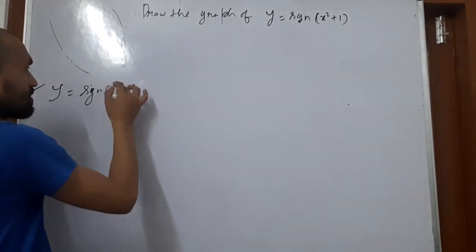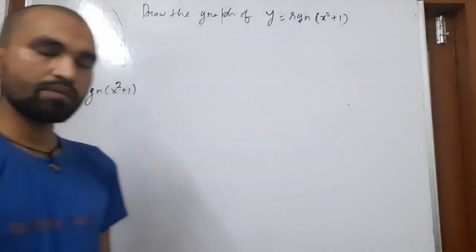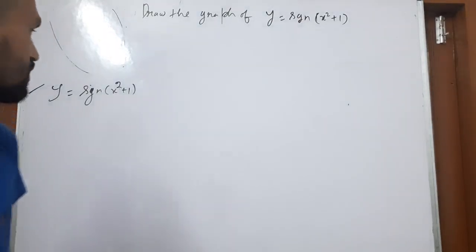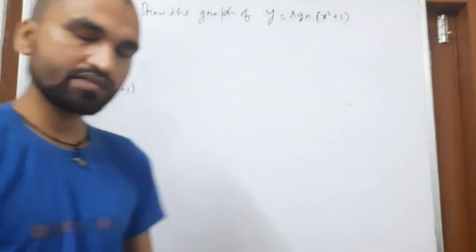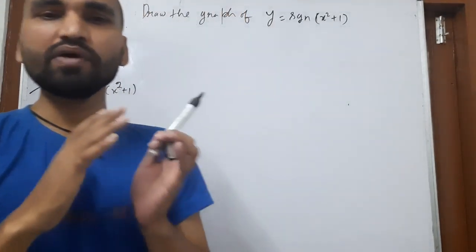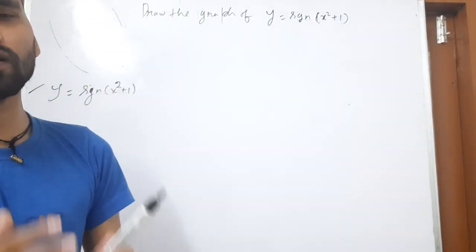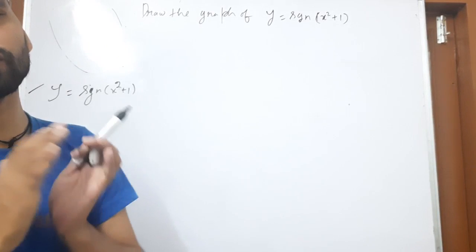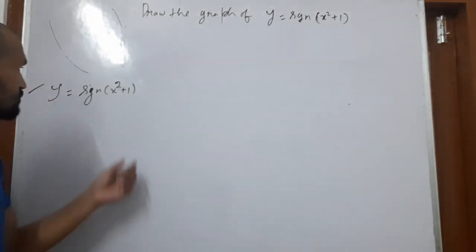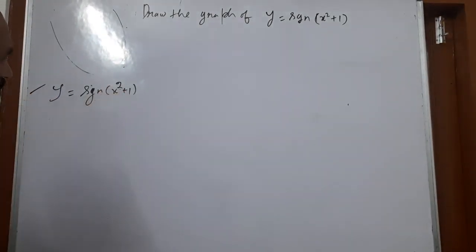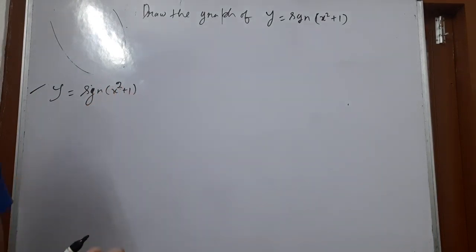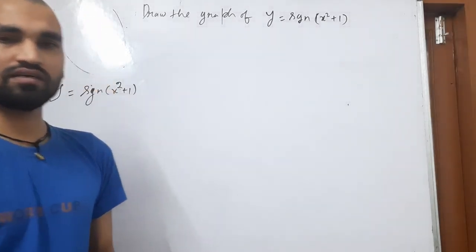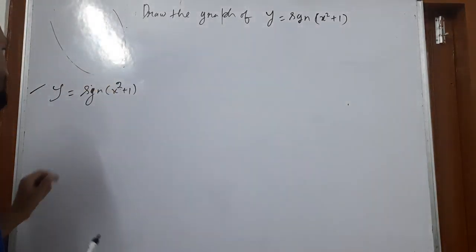If we are capable to decide when the value inside this signum is positive, when 0 and when negative, we can draw the graph of signum function easily. So we should decide when the value inside this signum, that is x square plus 1, is greater than 0, equal to 0 or less than 0.